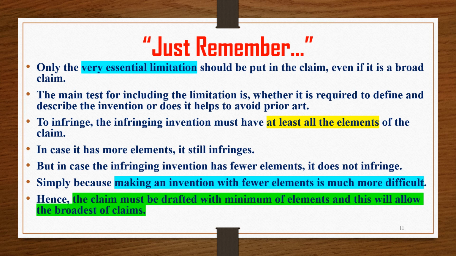Simply because making an invention with fewer elements is much more difficult. Hence, the claim must be drafted with a minimum of elements, and this will allow the broadest of claims. Just remember this last point, friends. I'm telling you this is the most important, most significant one. So the conclusion is that the claim must be drafted with a minimum of elements, and this will allow the broadest of claims.